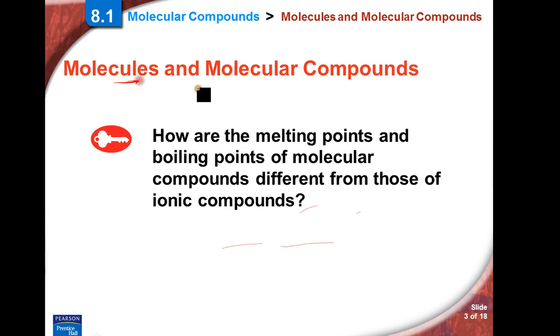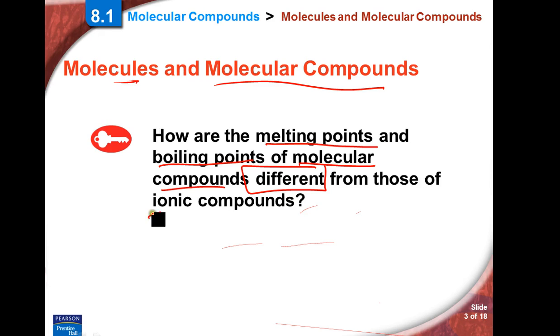So, molecules and molecular compounds is what we're going to talk about. First question is, how are the melting points and boiling points of molecular compounds different from those of ionic compounds?